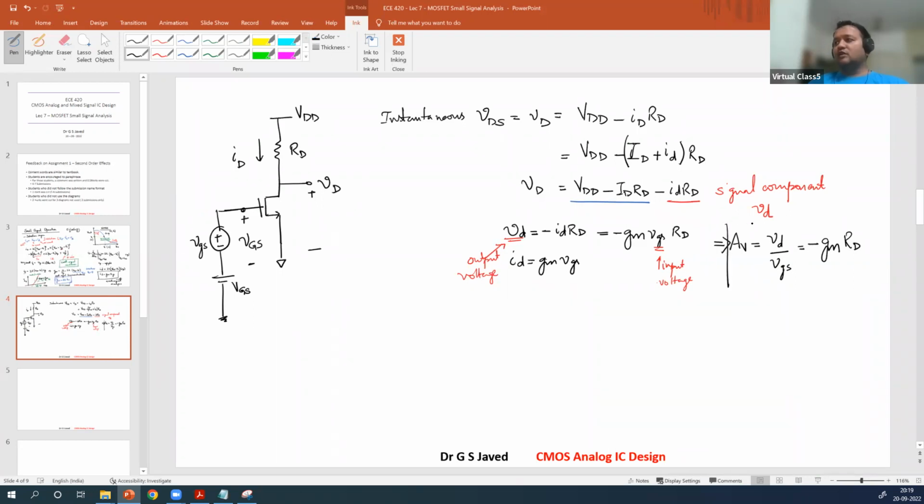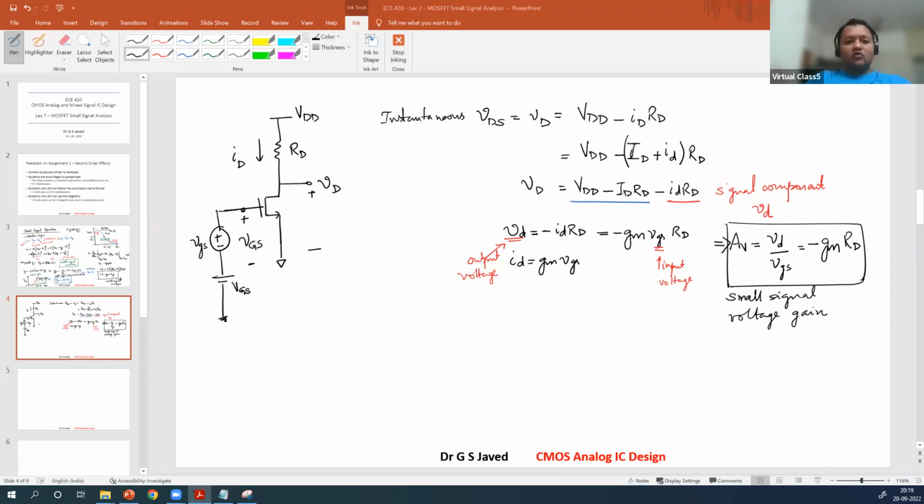So this is called your small signal voltage gain. Henceforth, we will only refer to it as voltage gain. The small signal will be implicit in our discussion. So now we have defined the transconductance, and we have defined small signal voltage gain.